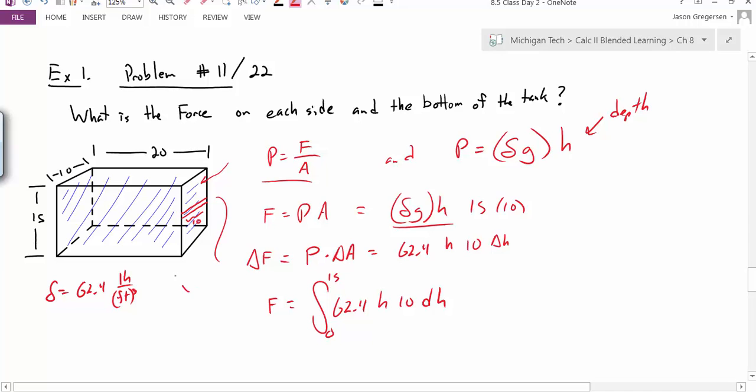What about the bottom? How do we work on the bottom now? Take a second, see if you can work with your groups on your whiteboard. How are we going to find the force on the bottom of this tank?